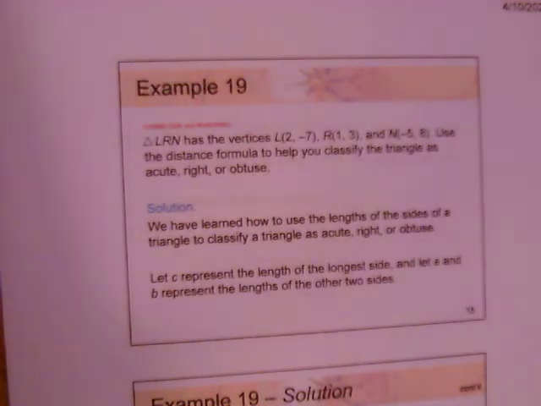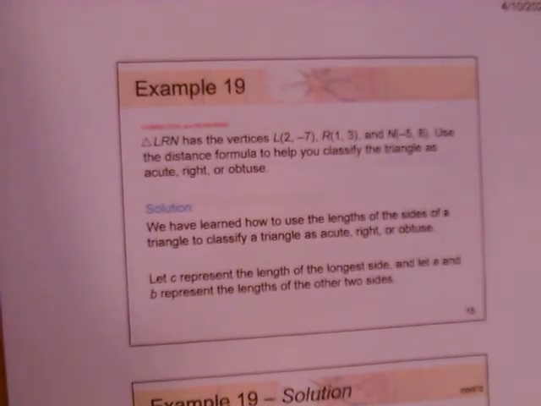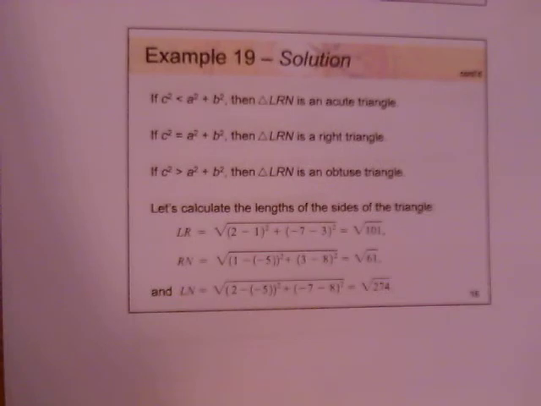Okay, so in this case here, we've learned how to use the lengths of the sides of a triangle to classify the triangle as acute, right, or obtuse. So here they're letting C be the length of the longest side, and A and B be the lengths of the other two sides. Now there is some type of rule here that says this.